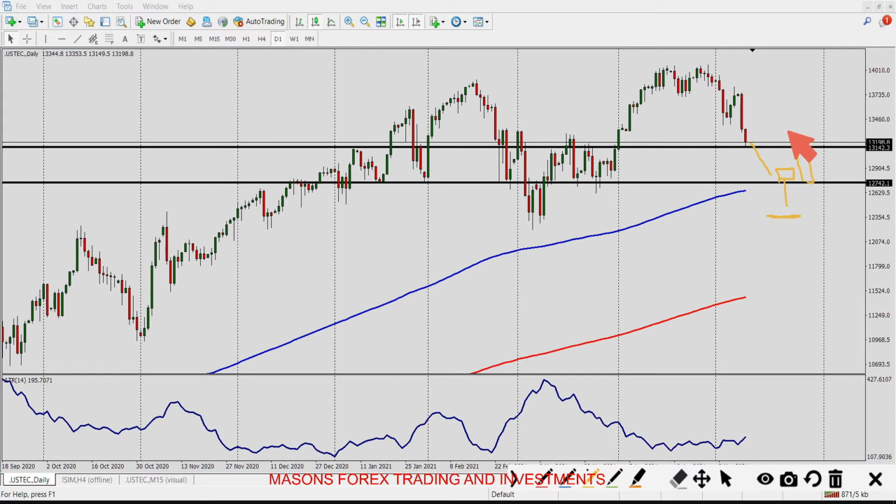And then if you had to take your profits, maybe since we have this big red bar here, you can take your profits, maybe the first profit here, somewhere there. And then you can have another position open. Let's just say you open up 0.02.